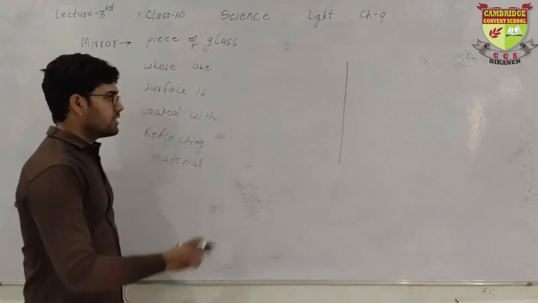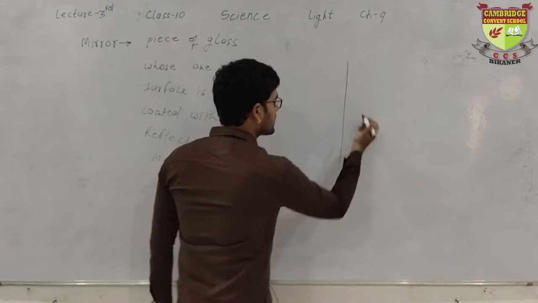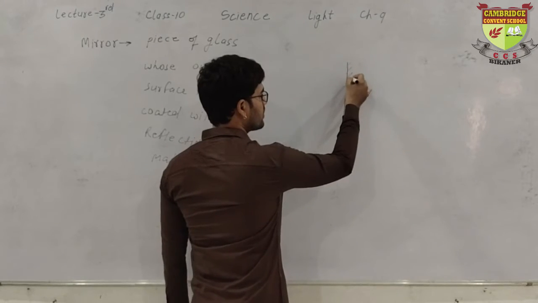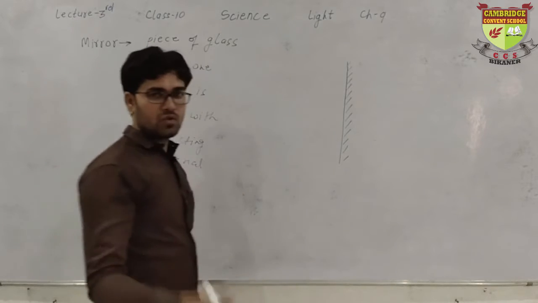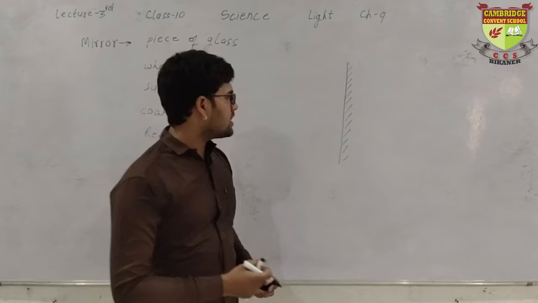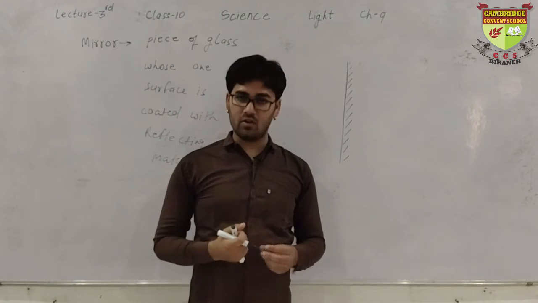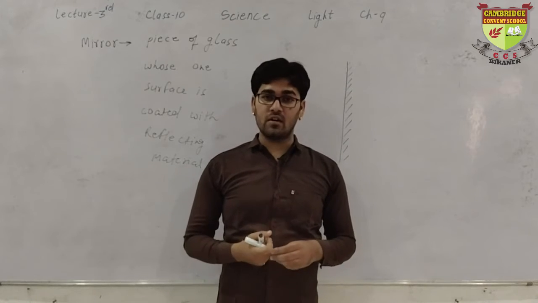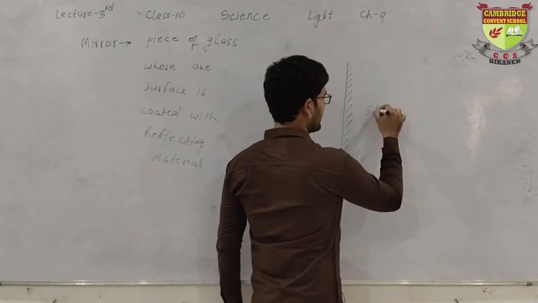So it is basically a piece of glass. On its one surface, what do we do? We coat it with the reflecting material, like you see at your home mirror with a silver coating. There is a saffron colored layer just behind the mirror, on the back surface of the mirror. Mostly that is a silver coated layer.